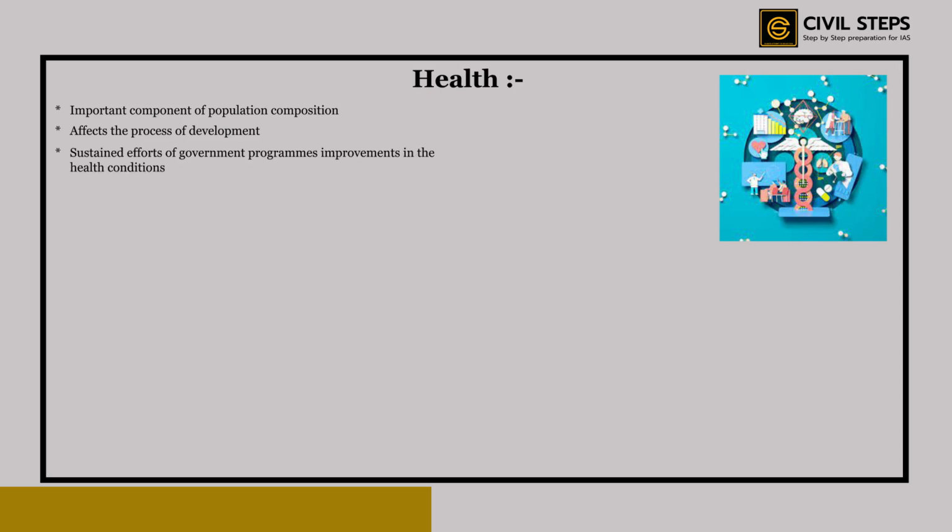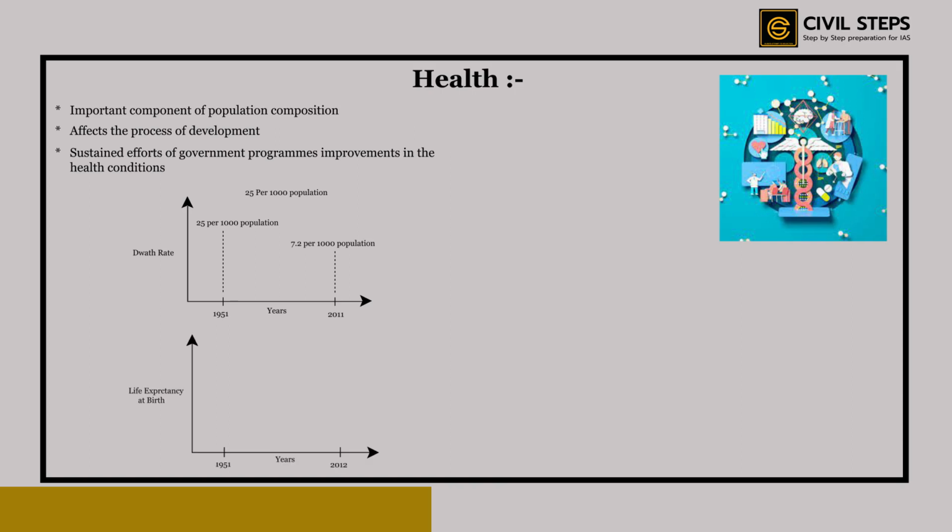Sustained efforts of government programs have registered significant improvements in the health conditions of the Indian population. Death rates have declined from 25 per thousand population in 1951 to 7.2 per thousand in 2011.